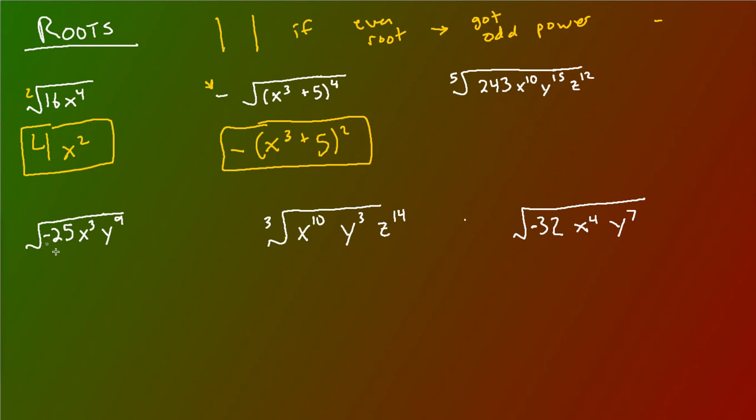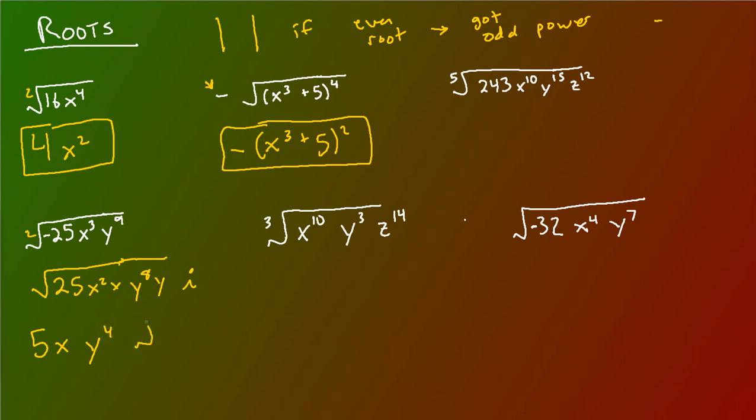Now I have a square root of a negative. So the first thing I'm going to do is remember my imaginary stuff. I do have a square root here, so I split this up. But this is imaginary, so I'm going to have an i out here. So the square root of 25 is 5. Square root of x squared is x. Square root of y to the eighth is y to the fourth.